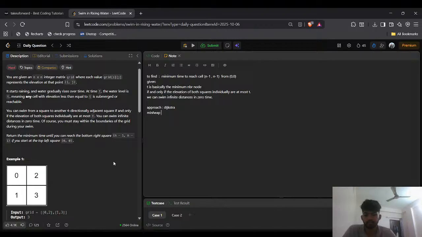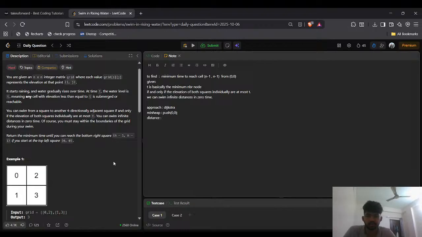And then push into the min heap the 0,0 cell. We don't need visited, we need distance, I guess.